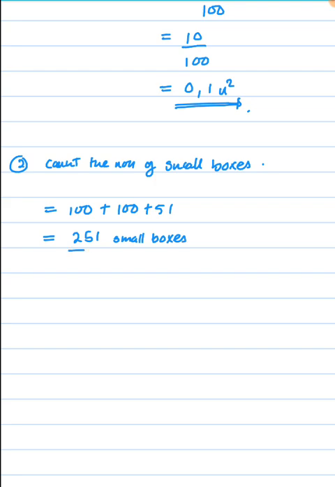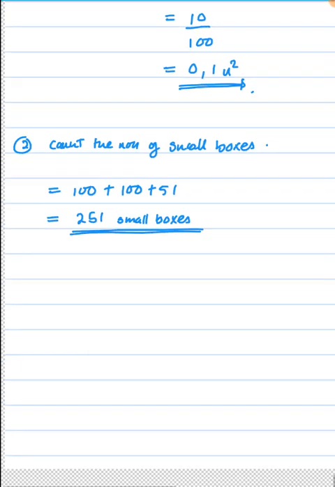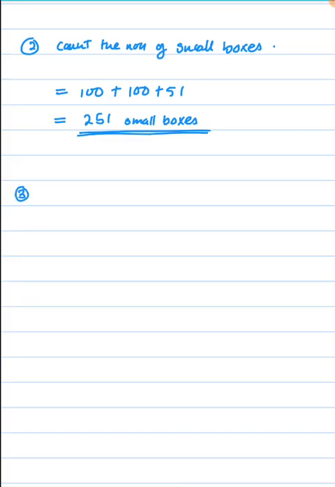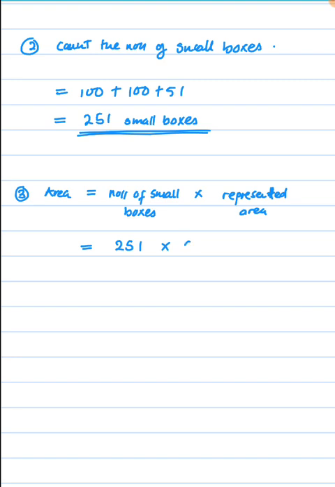Then after we find the number of boxes, the third part is that our area is going to be equal to the number of small boxes multiplied by the area represented by each box. So the number of boxes is 251 multiplied by the area represented by one small box, and that area was 0.1.